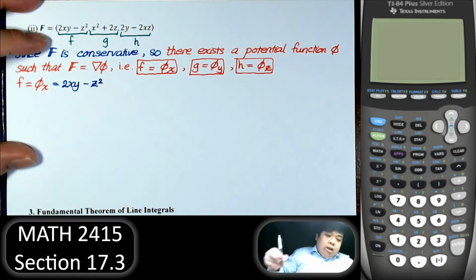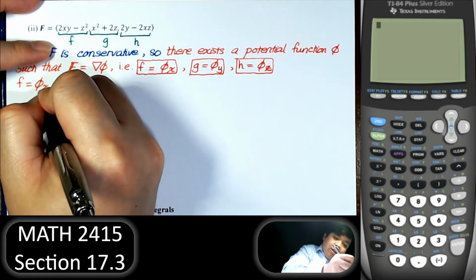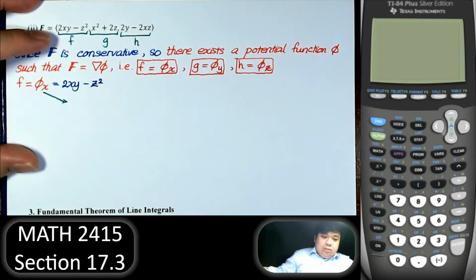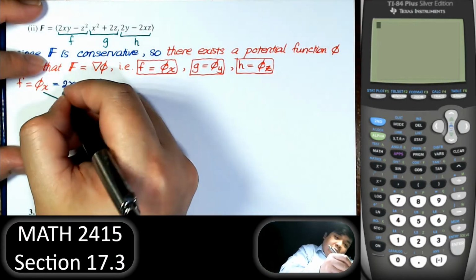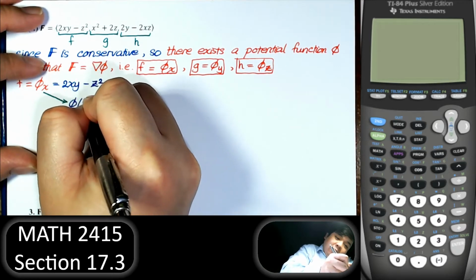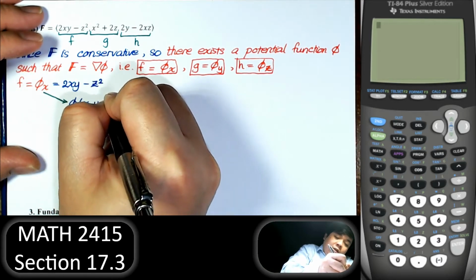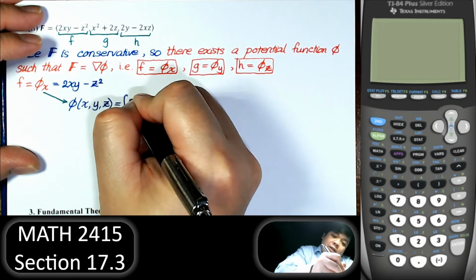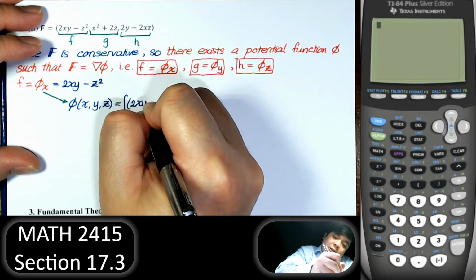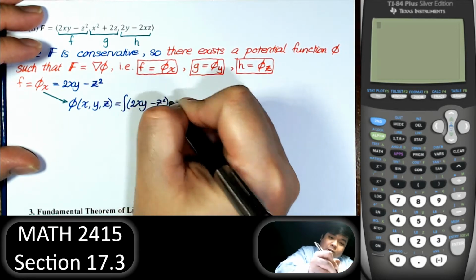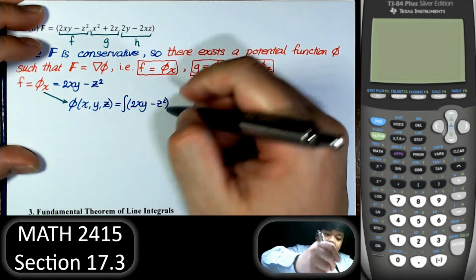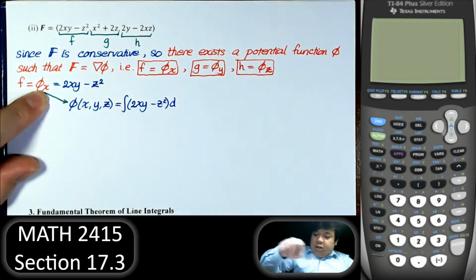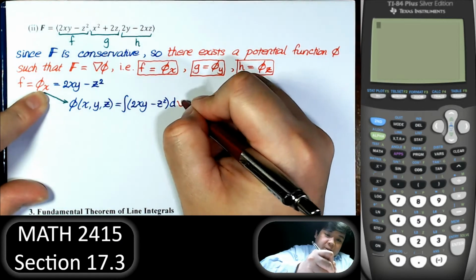So first we'll integrate. To get back to the function, this function of three variables x, y, z, we integrate with respect to the same variable. So we undo the derivative.